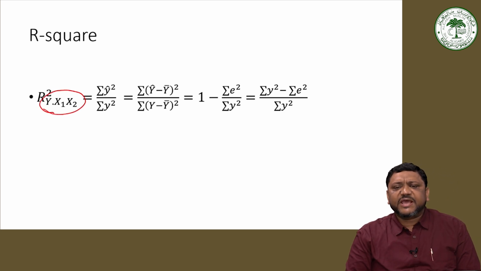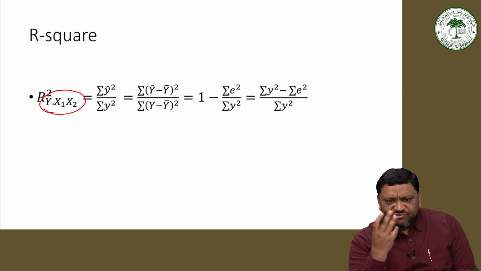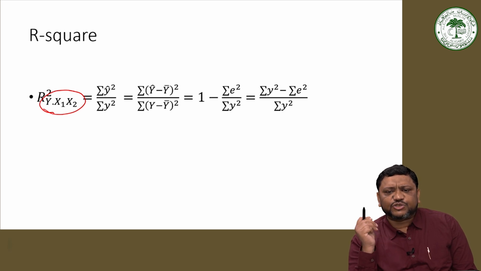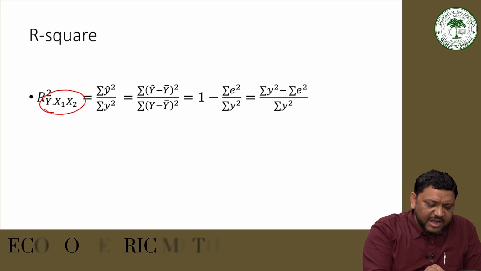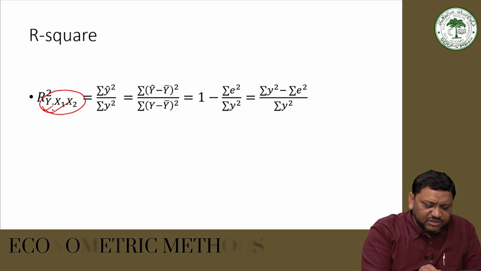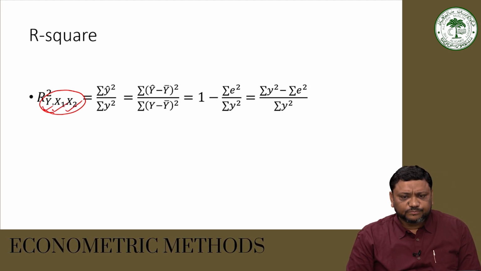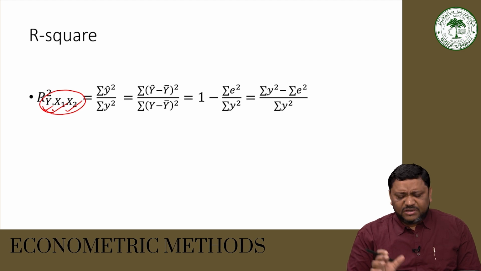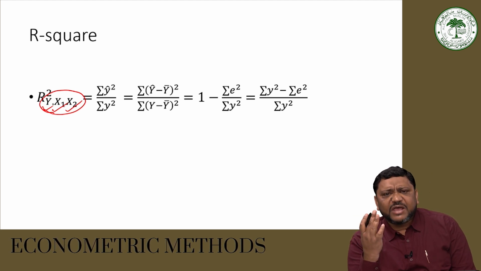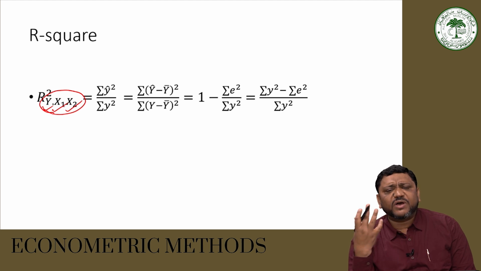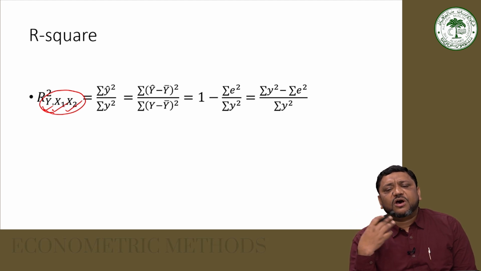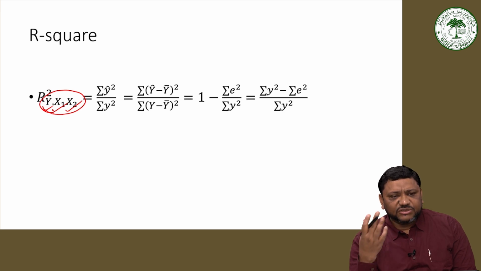For instance, in this case, where we have three variables y, x1 and x2, the squared multiple correlation coefficient is denoted by r square y dot x1 x2. The interpretation is the same as in our bivariate case. In the two variable model, r square represented the proportion of the total variation of y explained by its relationship with x.